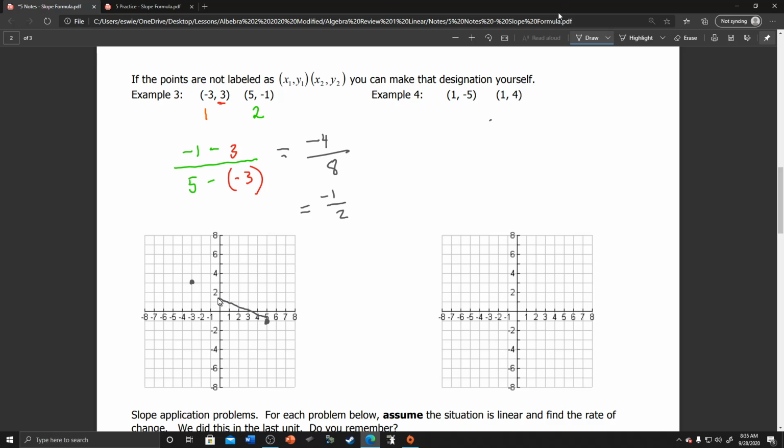Oh gosh, I'm just going to connect them. Right? This is saying, if I want to interpret this as a rise over run, -1, so I'm going down 1 over 2. Down 1 over 2, down 1 over 2. And it works. Okay? I want you guys to try example 4 on your own, and we will talk about the remainder of notes maybe in class.